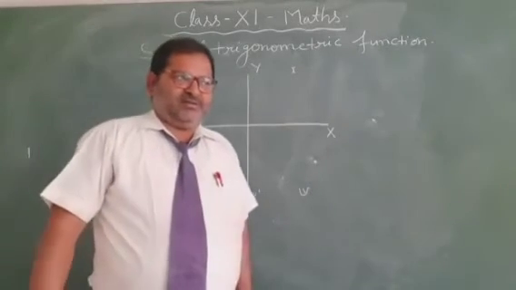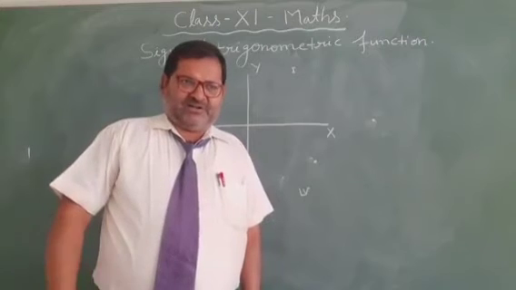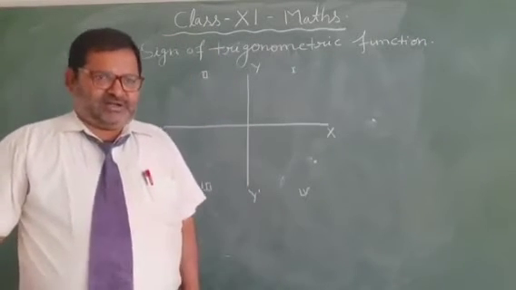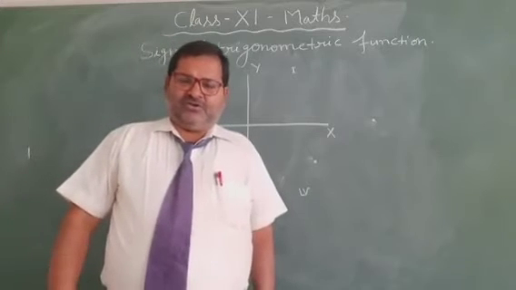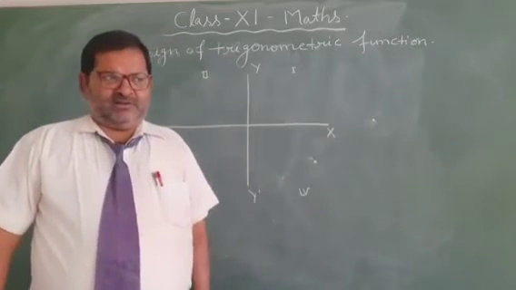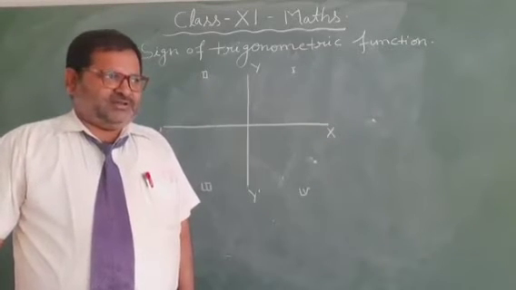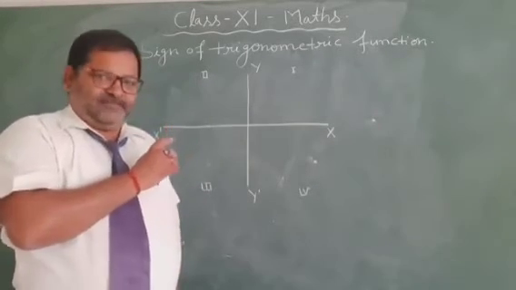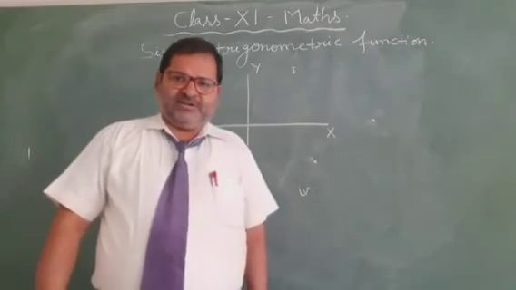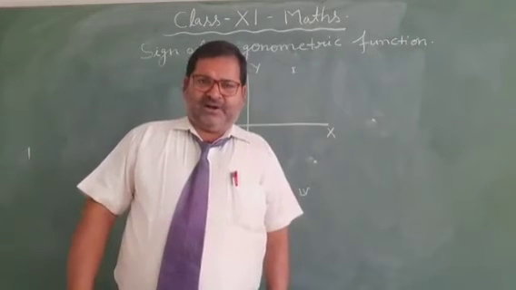The sign of a trigonometric function like sin theta, cos theta, tan theta, cot theta, cosec theta and sec theta. इन सभी ट्रिग्नोमेट्रिक फंक्शन की साइन जो है फर्स्ट क्वाड्रेंट, सेकेंड क्वाड्रेंट, थर्ड क्वाड्रेंट और फोर्थ क्वाड्रेंट में क्या होगी.